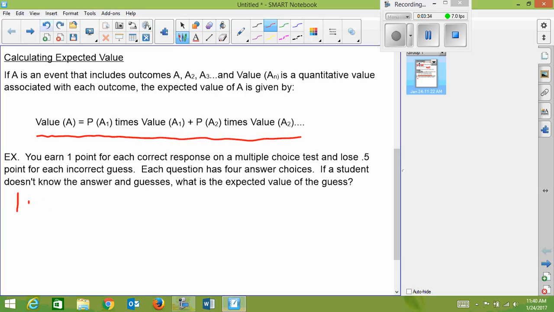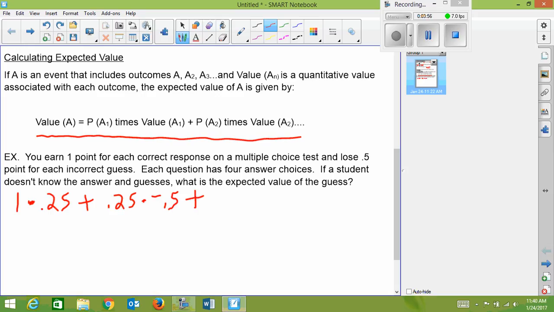and the probability of that happening is 0.25, right? Because only 1 out of 4 answers is correct. So I'm going to take 1 times 0.25 plus 0.25, because you have a 1 in 4 chance of getting it wrong, and you have to take that times the negative 0.5 points.